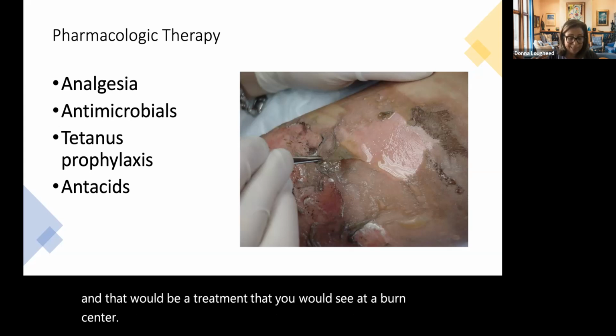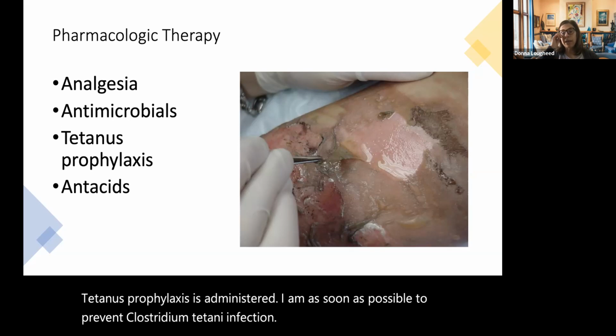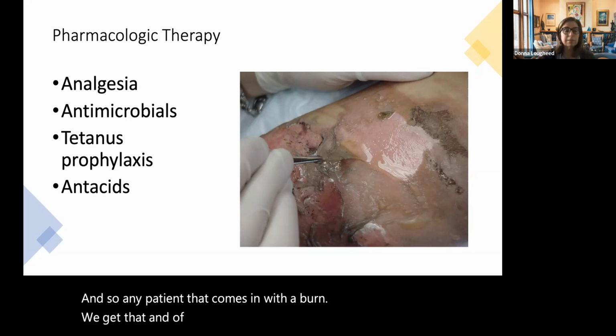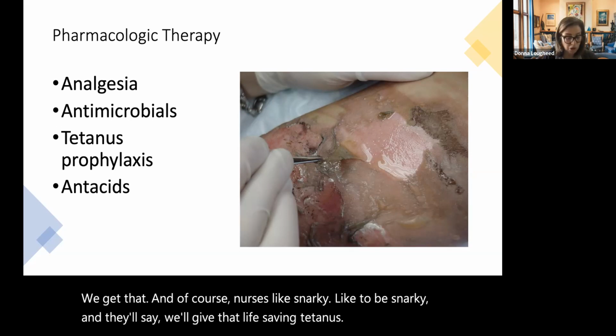Tetanus prophylaxis is administered IM as soon as possible to prevent Clostridium tetani infection. And so any patient that comes in with a burn, we get that, and of course nurses like to be snarky, and they'll say, we'll give that life-saving tetanus shot.